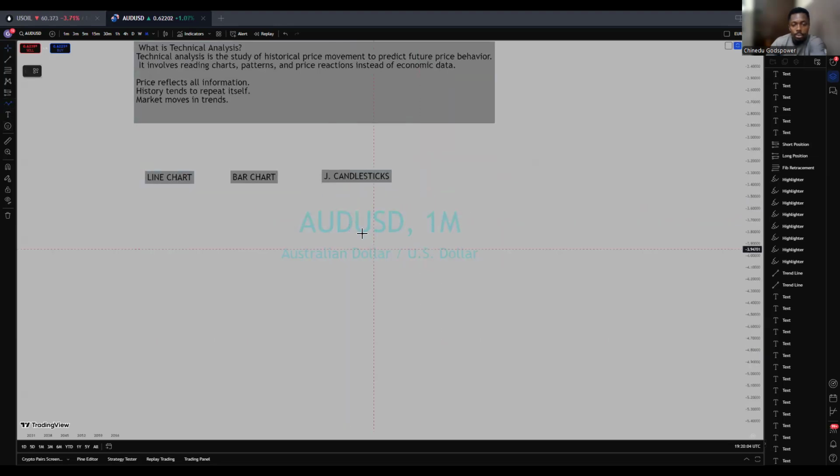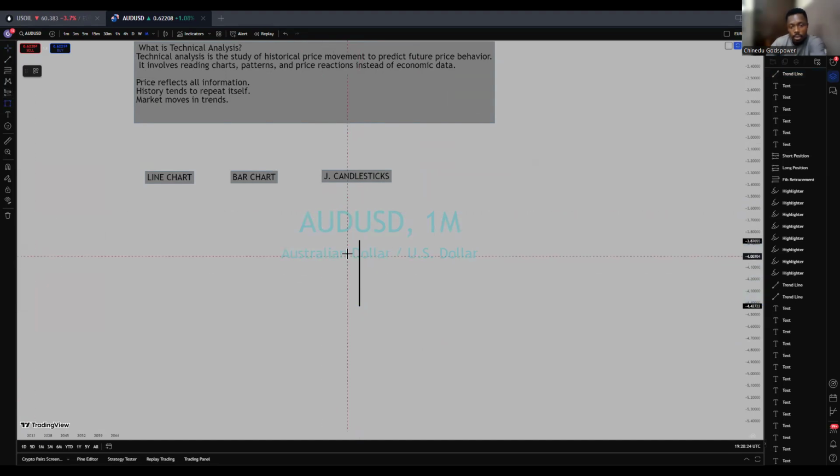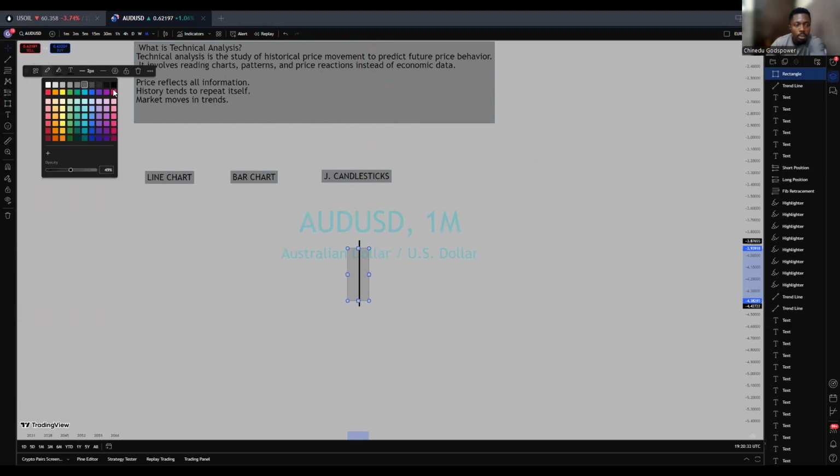I'm going to do a bit of drawing. So let's have something like this, and then something like this too. This is what a Japanese candlestick looks like, a full body candle. I'm going to explain to you what it does.